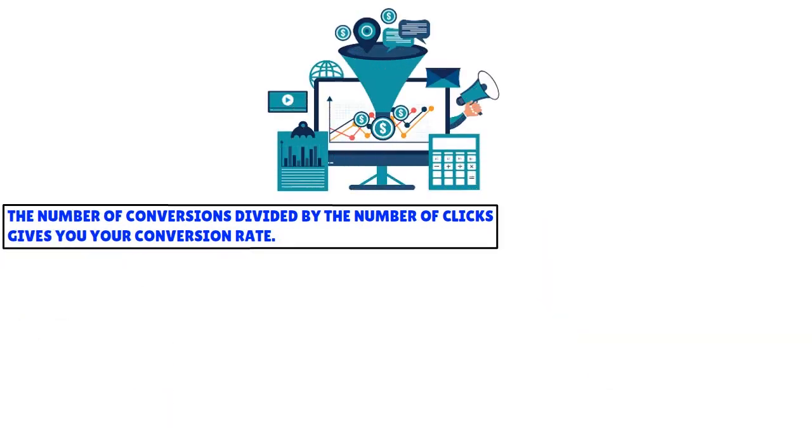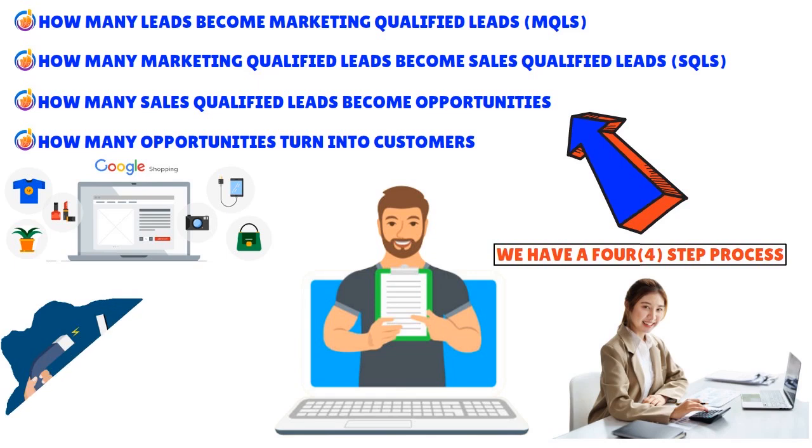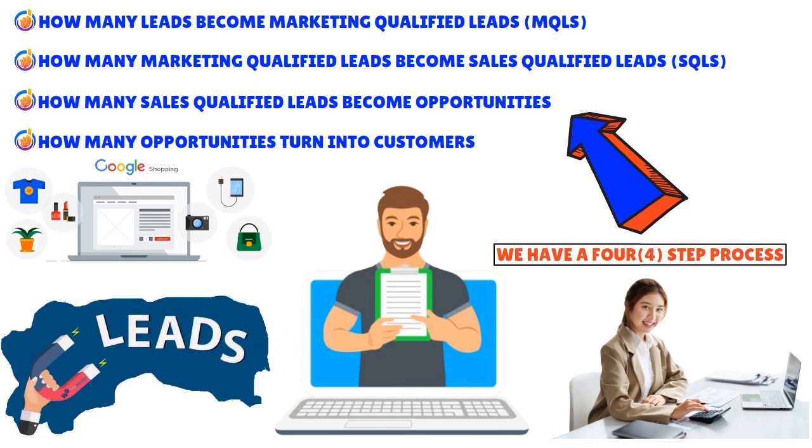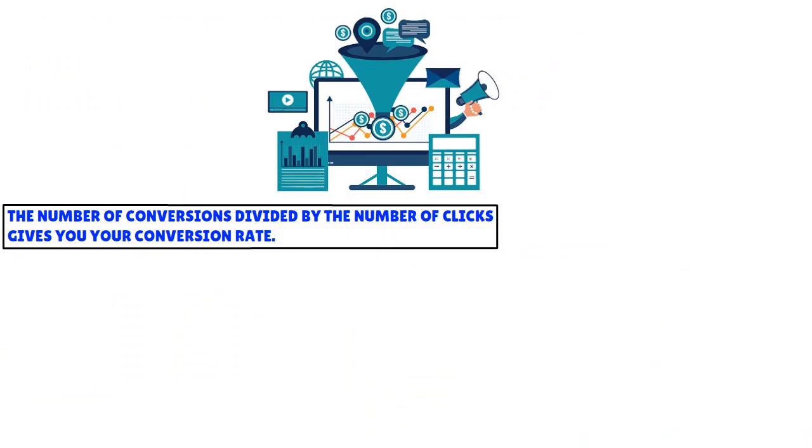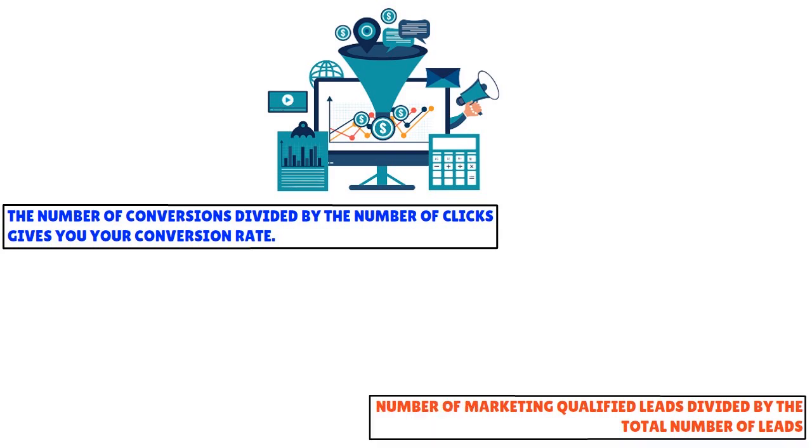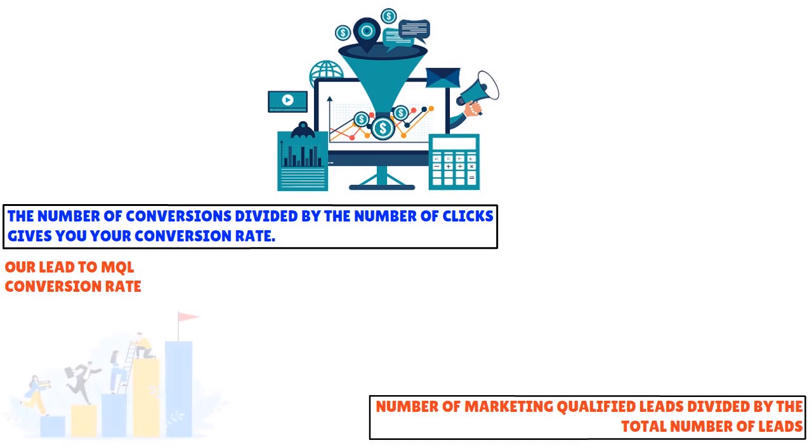So if we apply this to our funnel, we would start at the very top and say the number of marketing qualified leads, MQL, divided by the total number of leads will give us our lead to MQL conversion rate, right? And this is really important from a flexibility point of view. We would then replicate this process for each of the different stages of the funnel. So this is actually pretty straightforward.